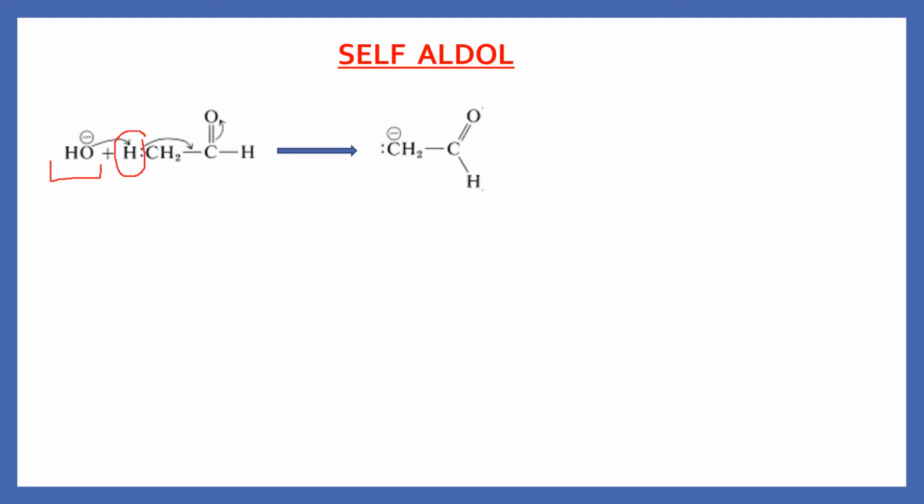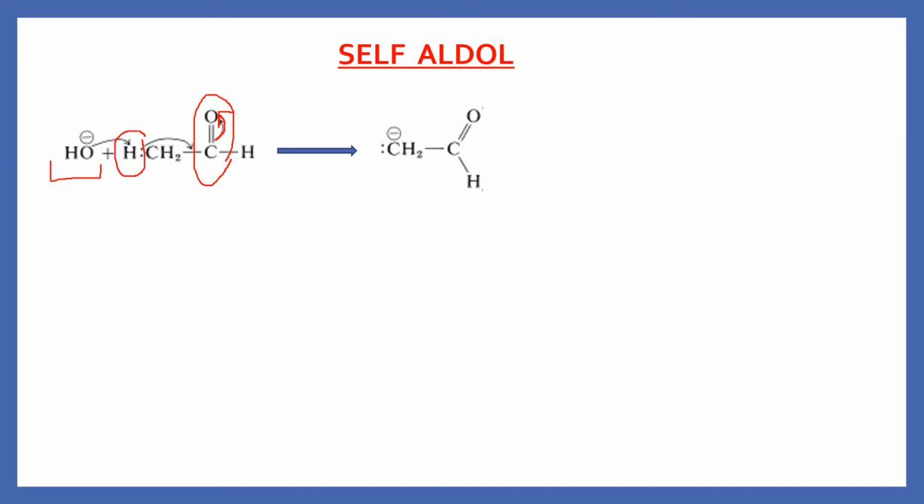And why is alpha hydrogen acidic in nature? Because the carbon having alpha hydrogens is attached to the carbonyl group. In the carbonyl group, oxygen is more electronegative, so there will be shifting of electrons towards oxygen. It will be pulling away electron density, which will help the alpha hydrogens to go out easily as H plus ions. So this makes the alpha hydrogens acidic in nature.